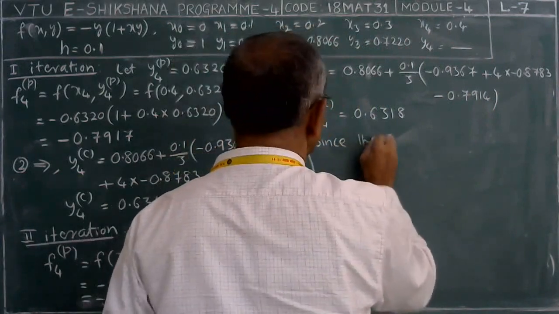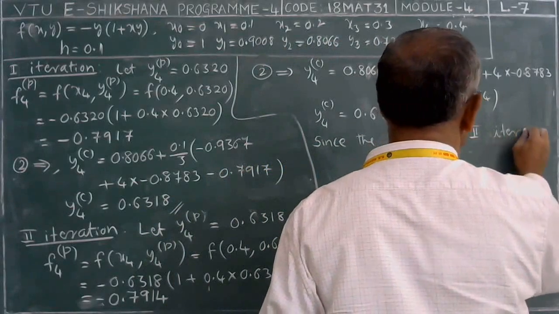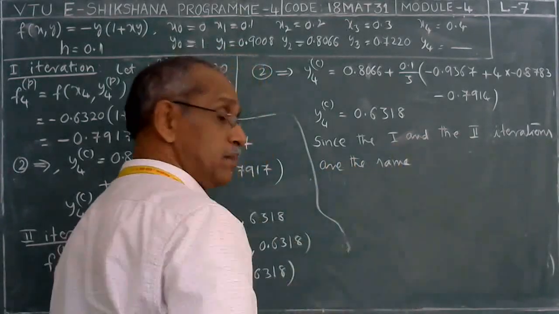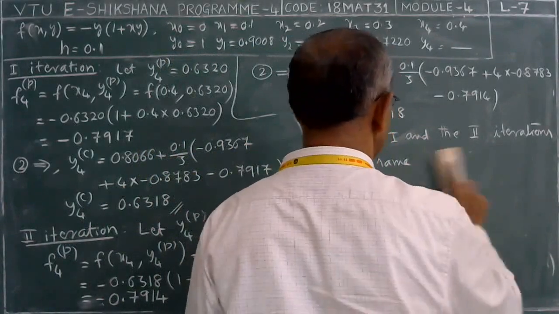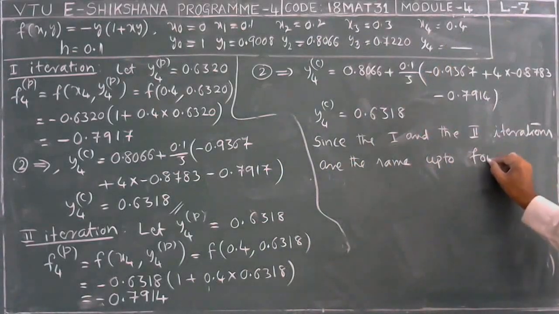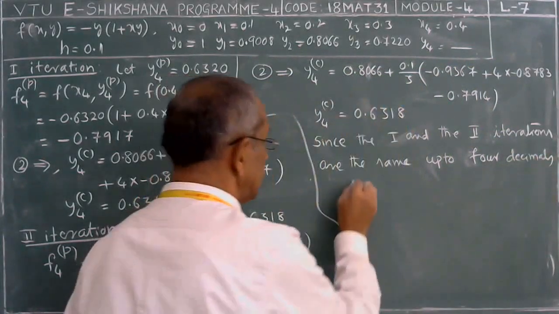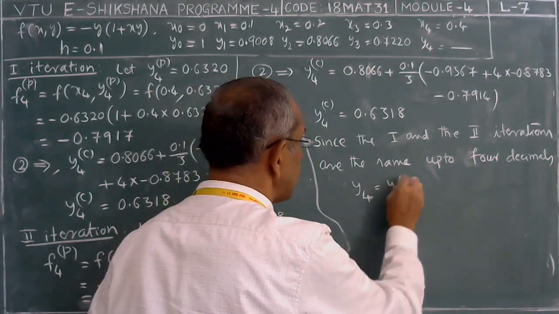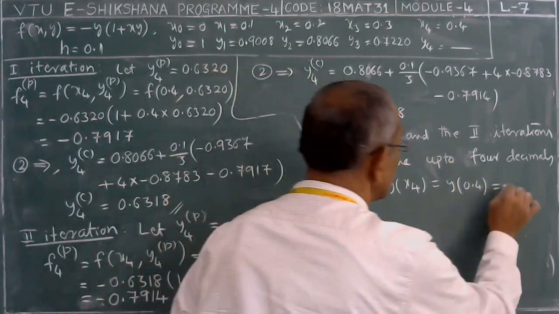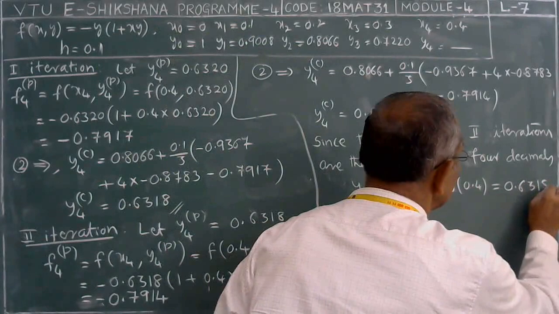The first and the second iterations are the same up to 4 decimals, so y4 is nothing but y at x equal to 0.4, equal to 0.6318.